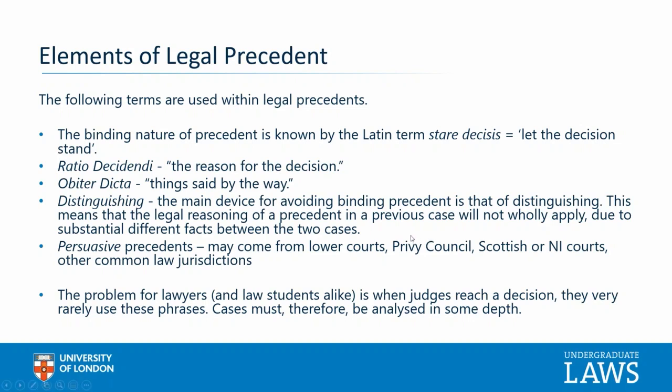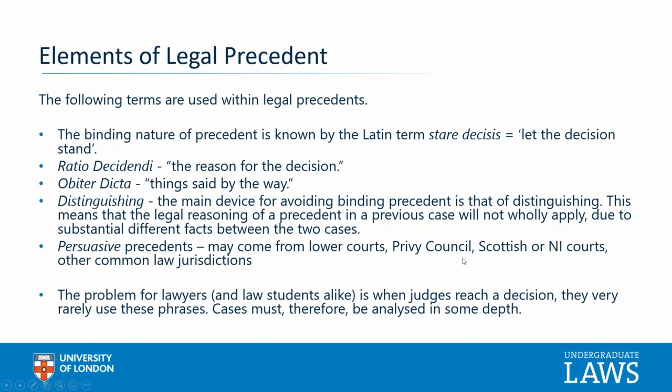Ratio decidendi, commonly shortened to ratio. We need to look for the ratio decidendi when reading a case, and that is the reason for the decision, which is based upon the law and based upon the particular set of circumstances.